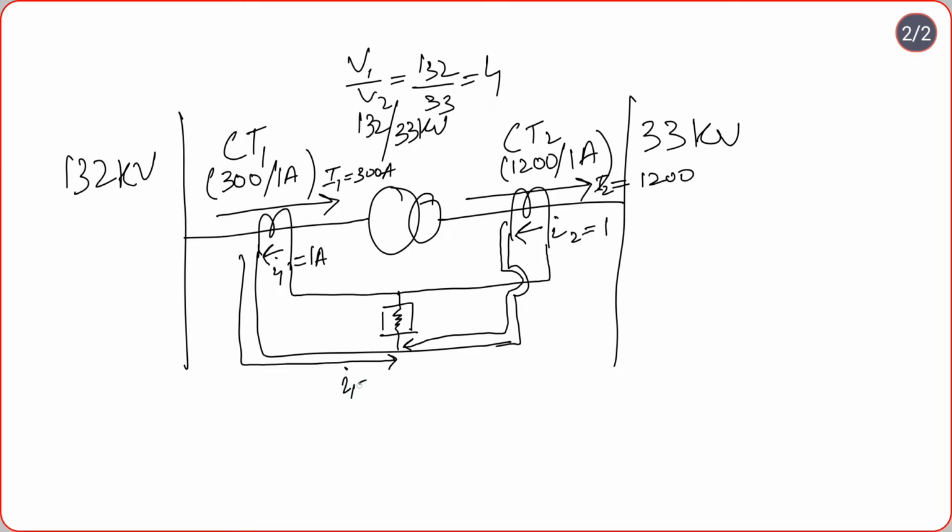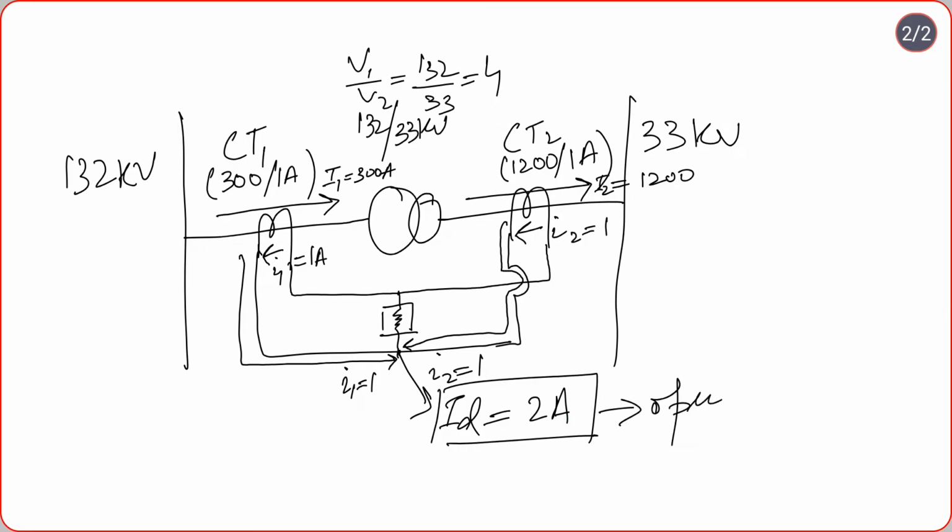I1, that's 1 ampere, and I2, that's again 1 ampere. They will add up at this point, and ID will be equal to 2 amperes, and this will cause the differential relay to operate.